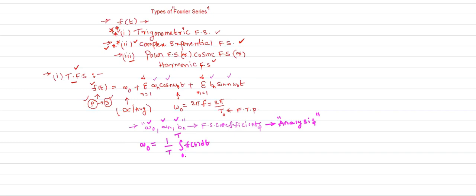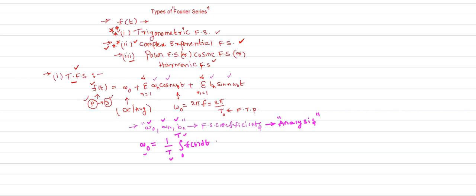How can you calculate the mean? If you find the area under the curve over the time period T and divide by the time period T, we will get the average value. That is your DC value. That is the mean. To calculate the mean, you just calculate the area under the curve.